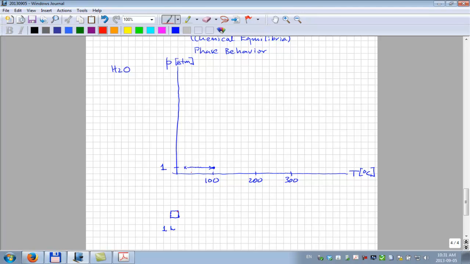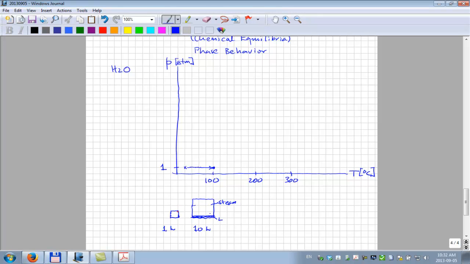But at that same condition, if we had a larger volume, let's say 10 liters, now this much is still left in the kettle as liquid, and this is now our steam.